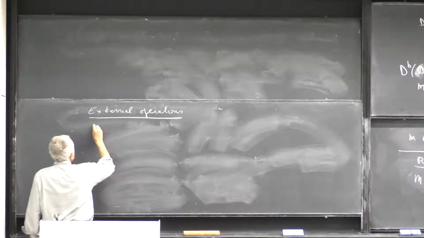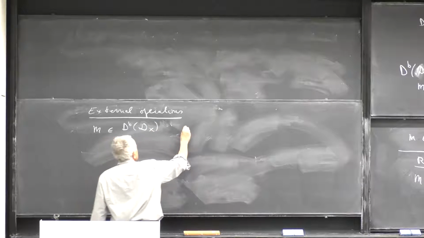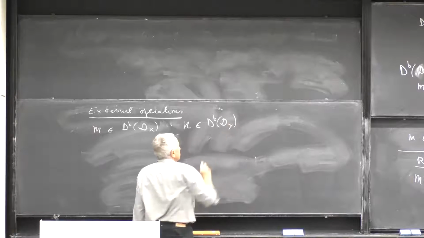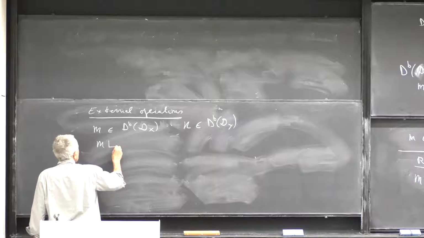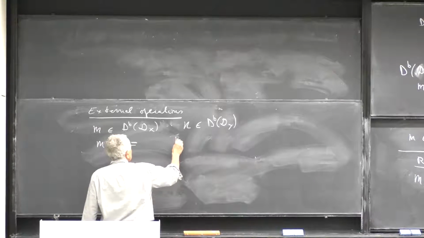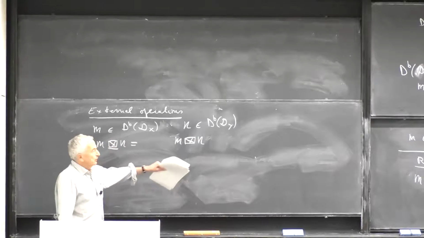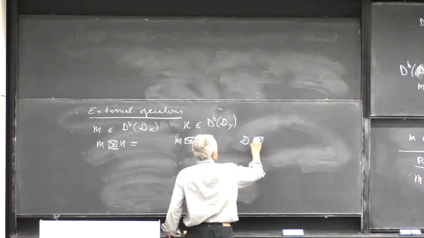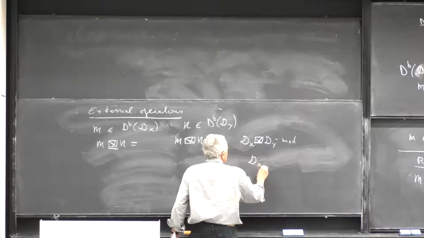So now I have a D module on X and another D module on another manifold Y. Then I can define the external product. If I take the external product as a sheaf, it will be a D_X external D_Y module, but I want a D_{X cross Y} module.